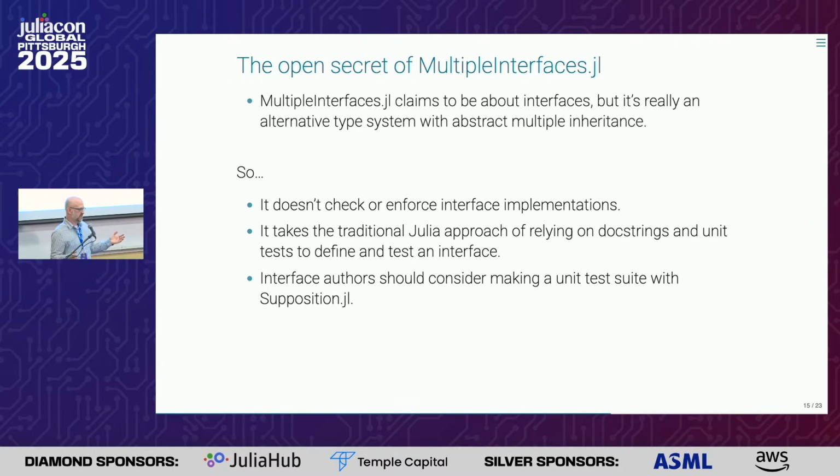So it takes a traditional Julia approach of relying on doc strings and unit tests to basically define and test an interface. So I recommend, for interface authors, to provide some kind of interface unit test suite, possibly with the help of a package like supposition.jl.